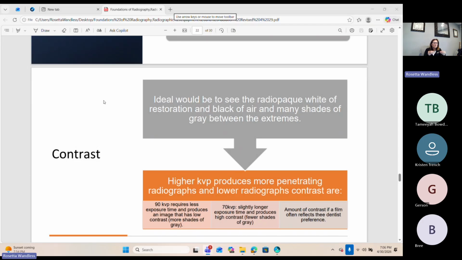We do want some shades of gray and some great shades of gray between the extremes, okay? But we always want to see something really white in a picture and something very black, because then we know we have the true high contrast grayscale, and that's everything we want.